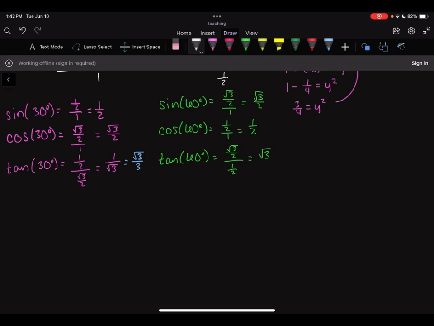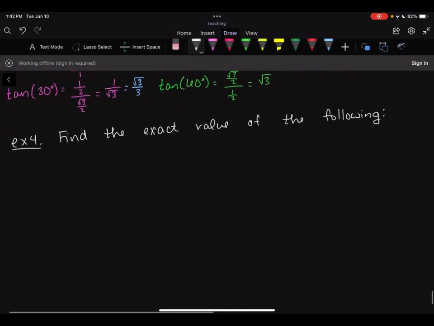So let's do another example. I'm pretty sure this is number 4. And I'll say find the exact value of the following. So let's see, I'll make some up.